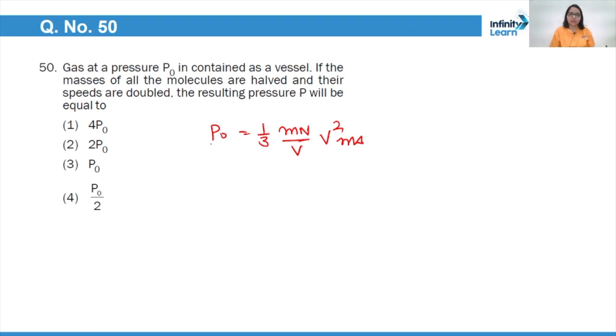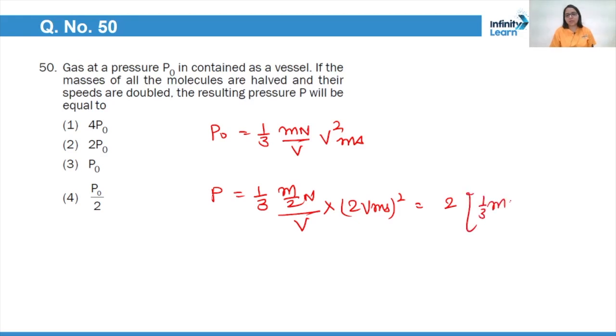Now, if the masses are 1 by 2 and speeds are doubled, then P will be 1 by 3 into m by 2, n upon V, into (2 V RMS) whole square, which is equal to 2 times 1 by 3 mn upon V into V RMS square. Okay. So you can see that P is equal to 2P naught, right? So over here, the final answer will be option 2.